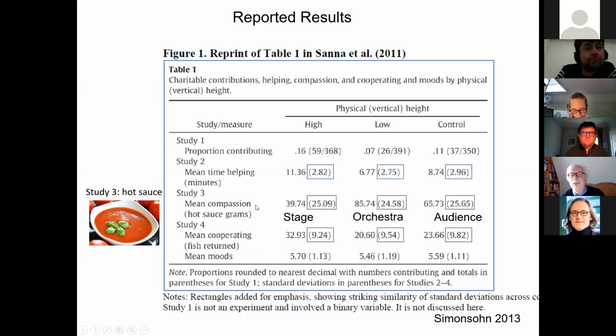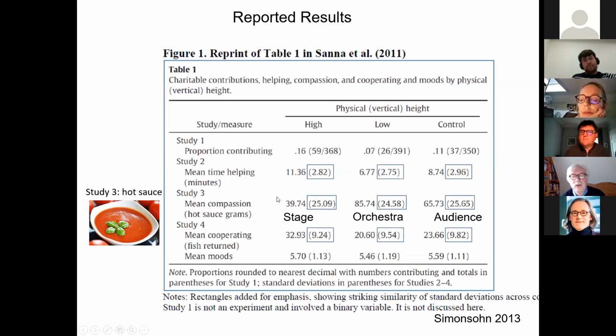But nobody is aware of this: if you have a first glance or even a second glance at this table, you wouldn't see the standard deviations, which Simonsohn marked. You see, the standard deviations are 25, 24.58, 25. So they are very, very similar. He became aware of these standard deviations, and his method asks: how likely is it that the standard deviation has such a small variability?